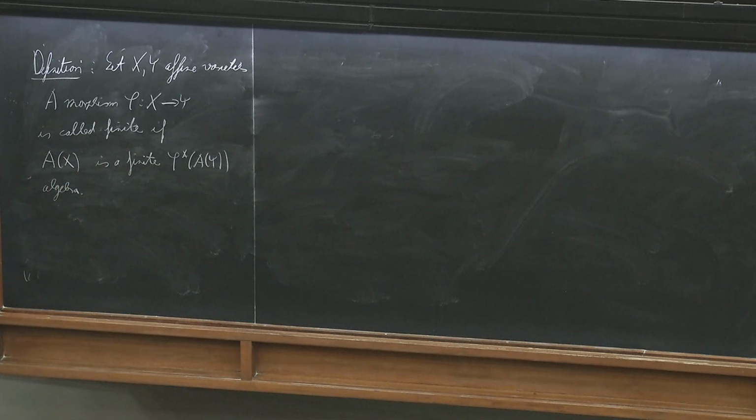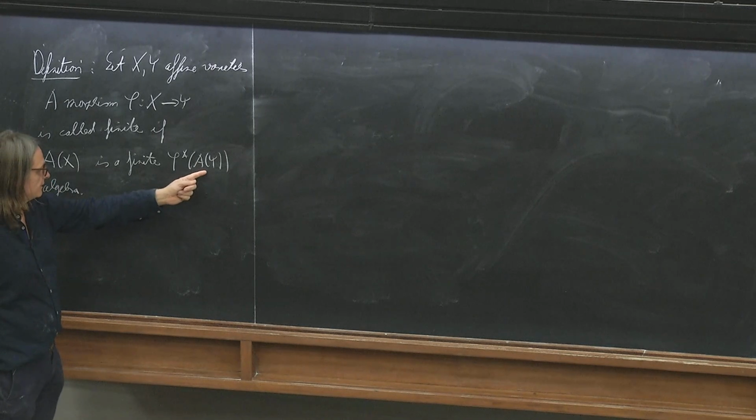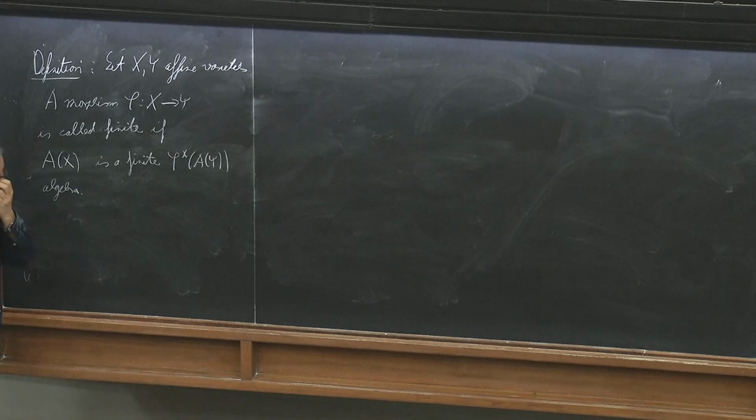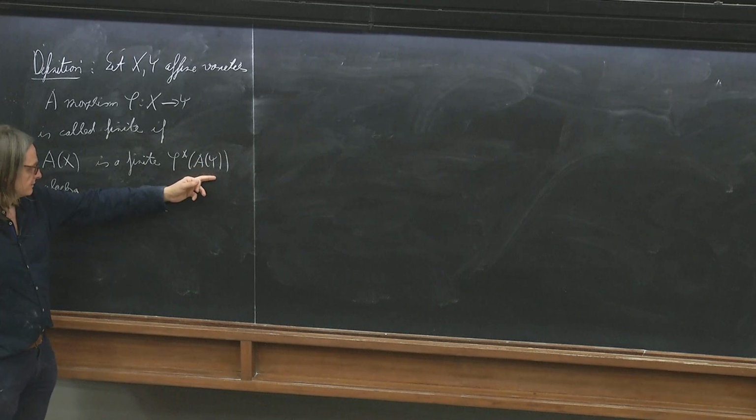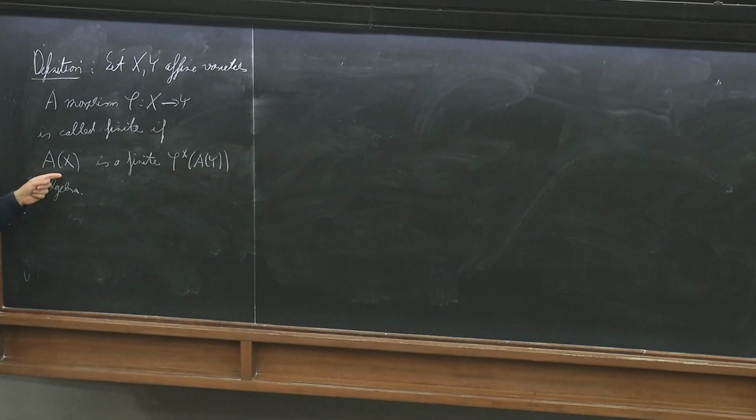As I said, we know that the pullback of an element in A(Y) lies in A(X), and is compatible with the K algebra structure. So phi star of A(Y) is a sub K algebra of A(X), and it makes sense to ask whether it is finite.